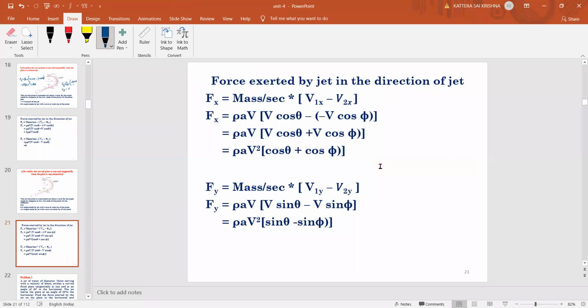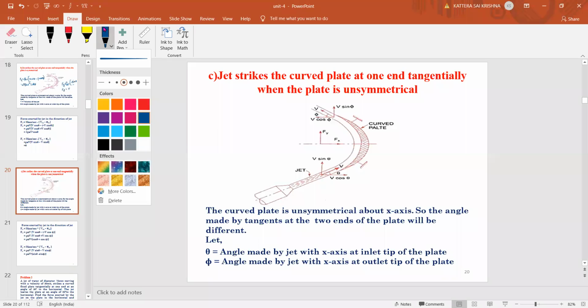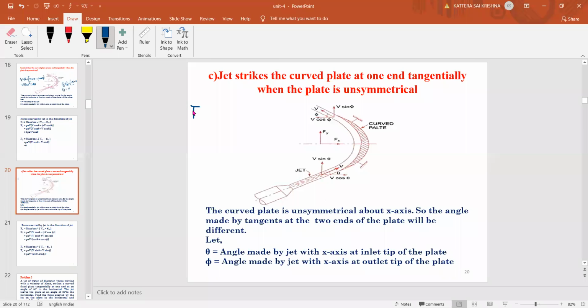So same concept again. So first we'll write Fx. What we have first, we have rho into area into v, which is mass flow rate, mass per time, into initial velocity of the flow in x direction. What we have? v cos theta in x direction, initial velocity, minus final velocity in x direction.